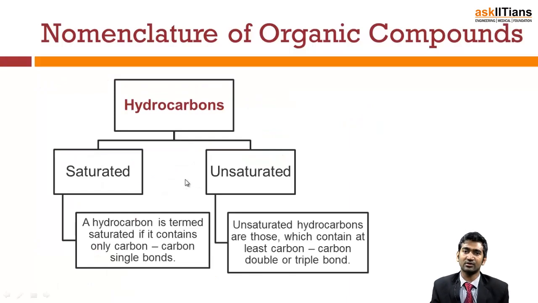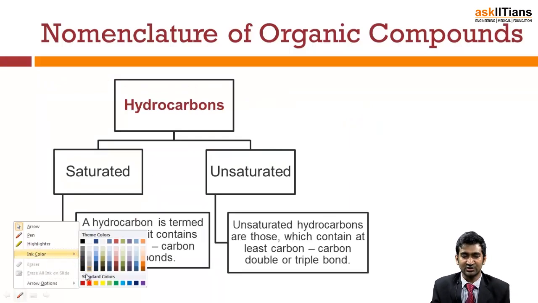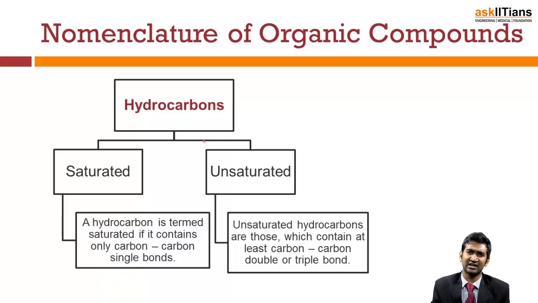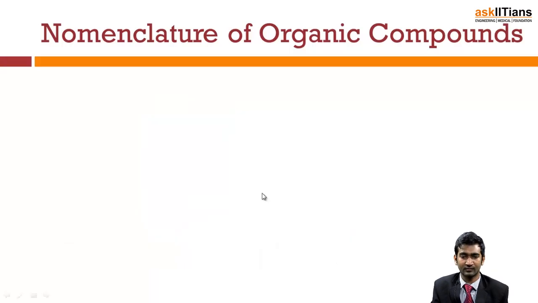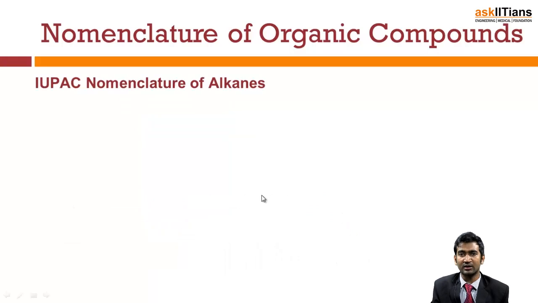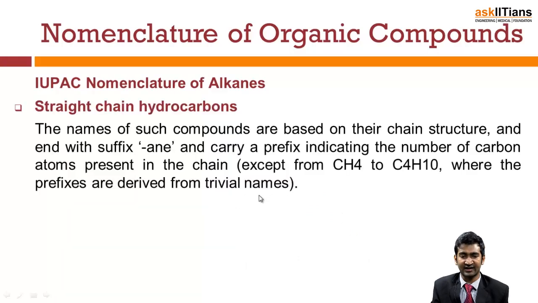Hydrocarbons we have of two types. One is saturated, another is unsaturated. Saturated is the one which has only single bonds present, and the unsaturated have either a double bond or a triple bond present. So the saturated have only sigma bonds, while the unsaturated have pi bonds also. Now comes the nomenclature of alkanes.